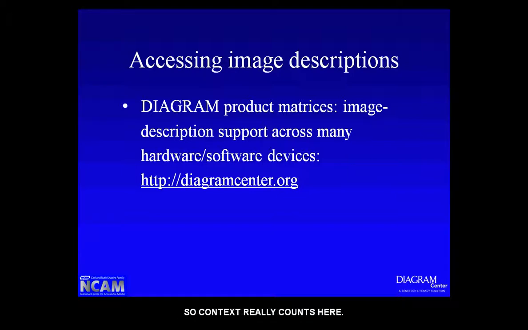So context really counts here. And again, that's another good reason when you can to put information in a data table to separate out those numbers from the years, or the amounts from the years.